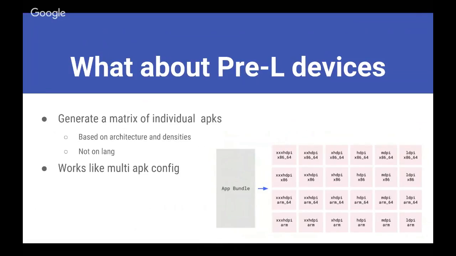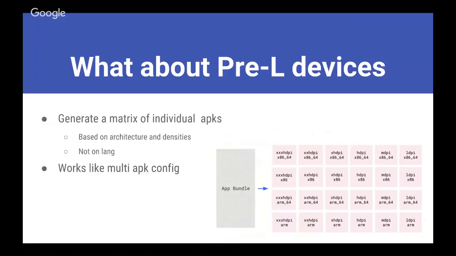Now, I talked about this as a feature that was introduced in L. What happens to devices that are pre-L, before L? In such cases where the split APK concept is not supported on the device, we generate a matrix of individual APKs, which are a combination of a density and an architecture.